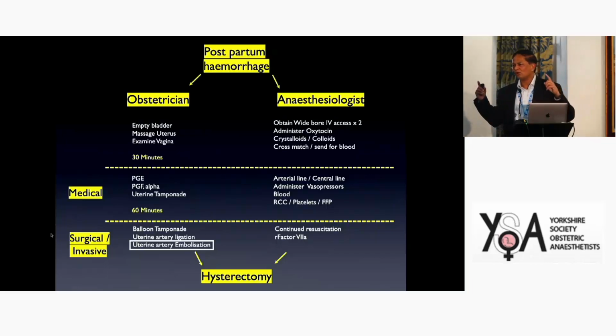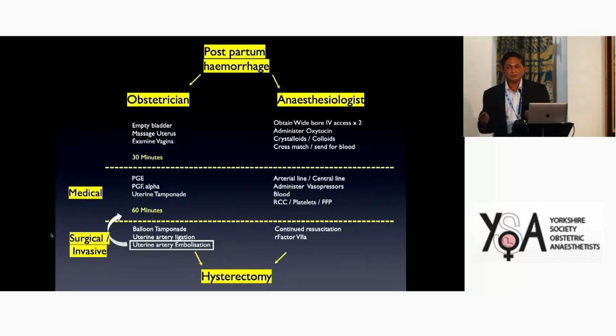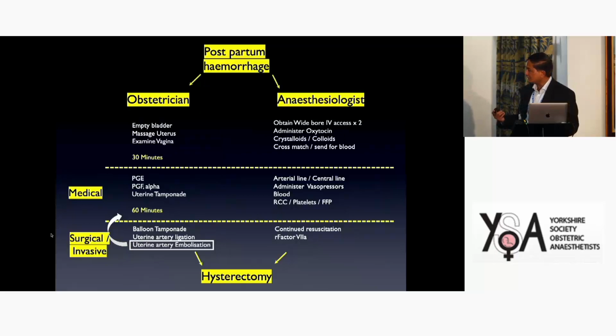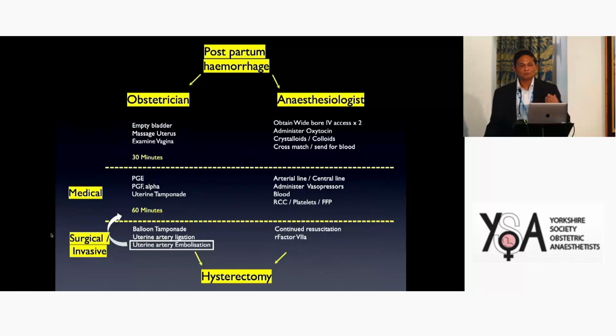The whole concept of trying to shift this patient is a problem. What you can do is start talking about it earlier, saying, hey, do you think we need to call the IR team? Do you think we need to consider embolization?